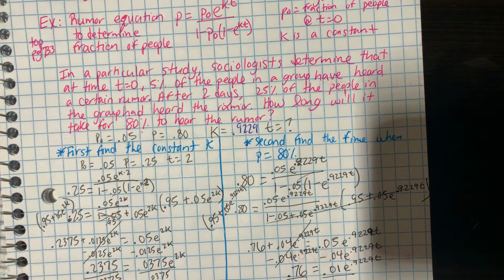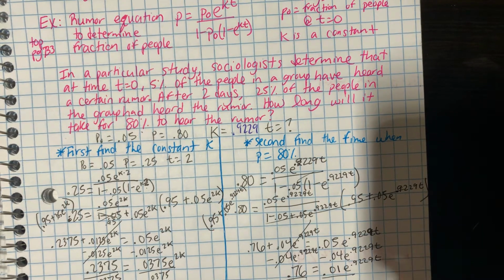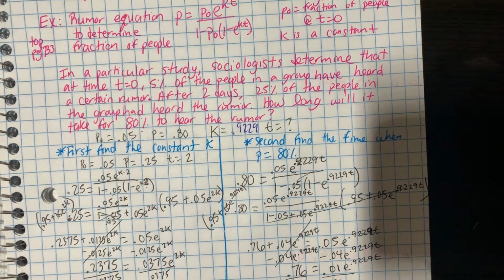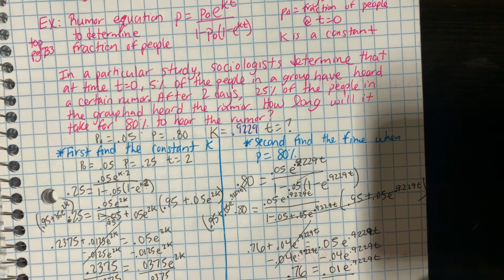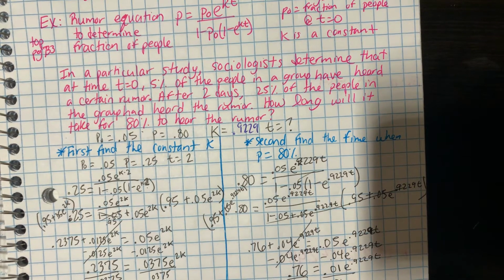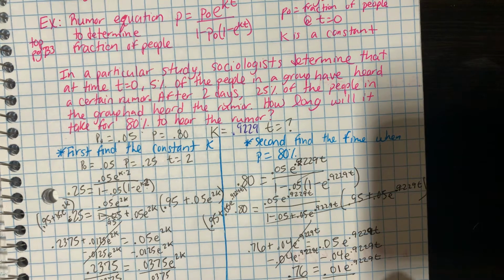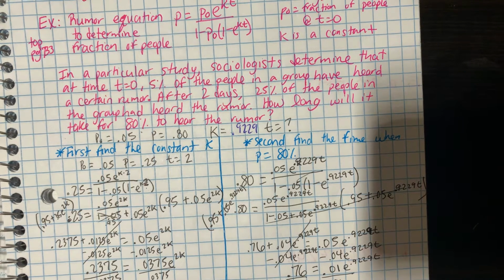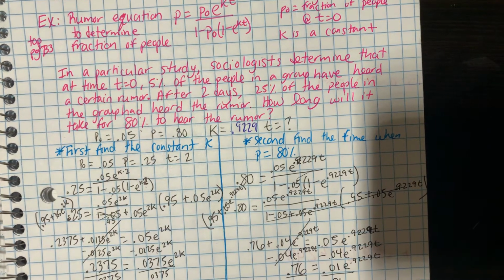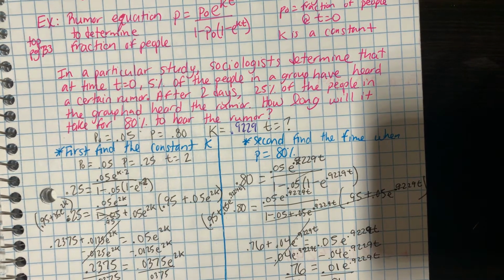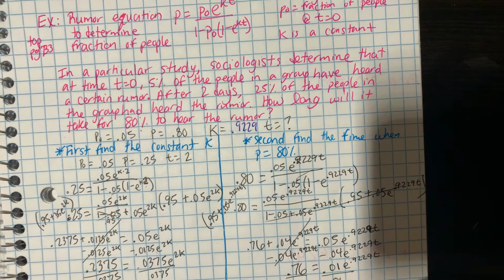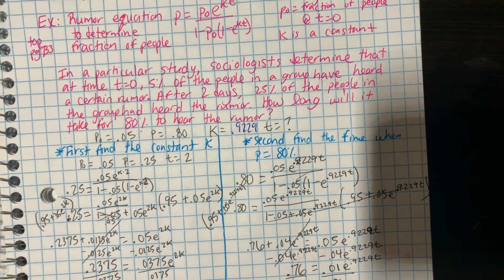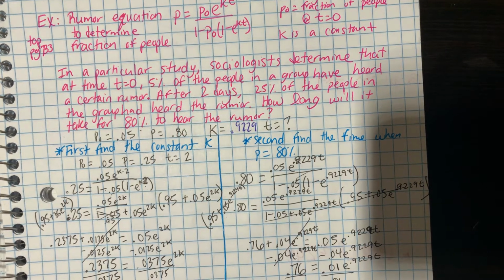So we have a base e. We want to get this down, so we're going to take the ln of both sides. So we'll have 0.9229t equals ln of 76. Divide both sides by 0.9229. And our time is going to be ln of 76 divided by 0.9229.